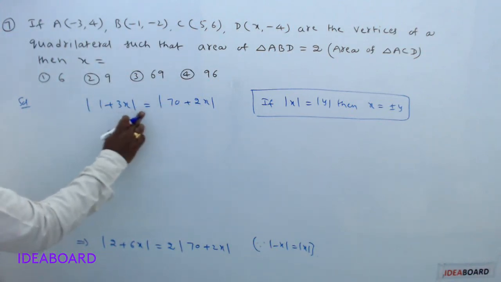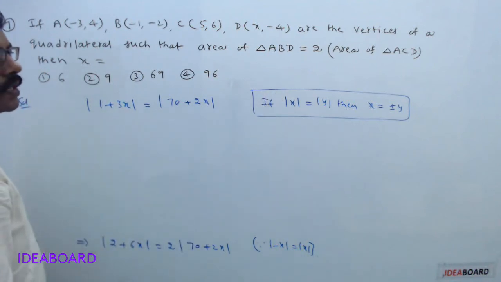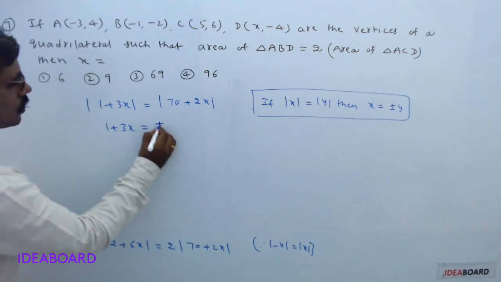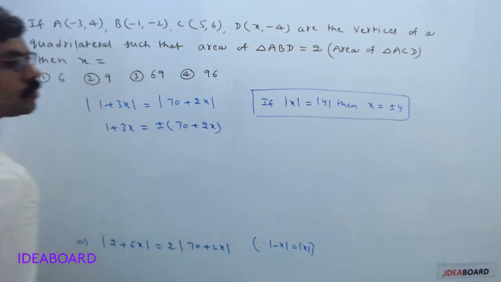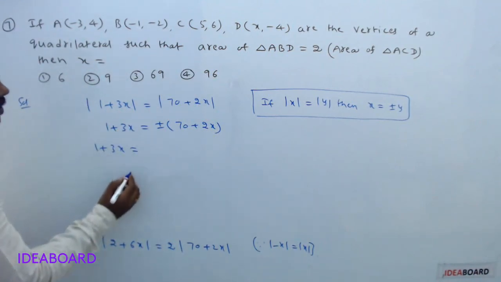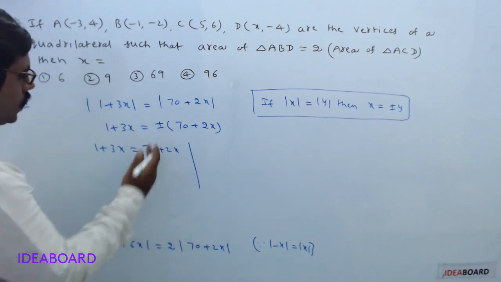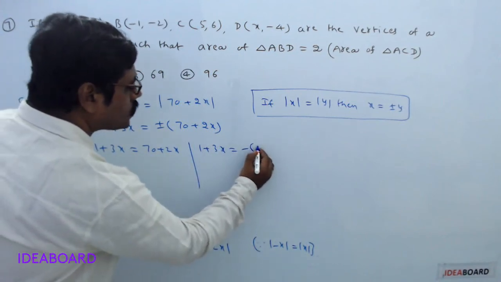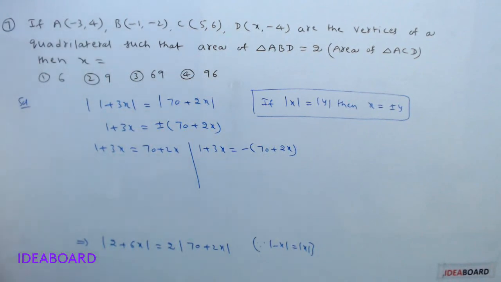So from this, 1 plus 3x equal to plus or minus of 70 plus 2x. Now take the positive sign: 1 plus 3x equal to 70 plus 2x. Then take the negative sign: 1 plus 3x equal to minus of 70 plus 2x.